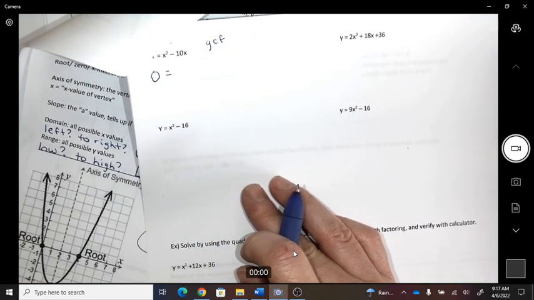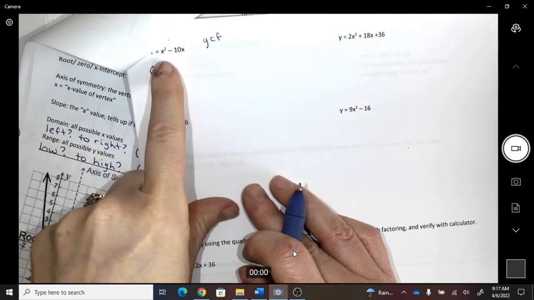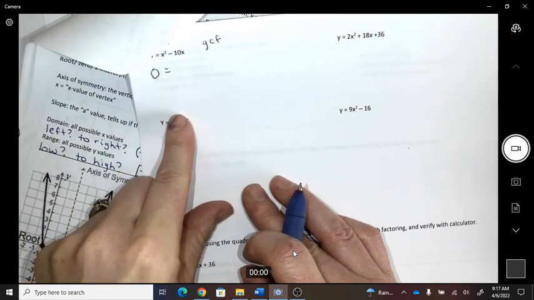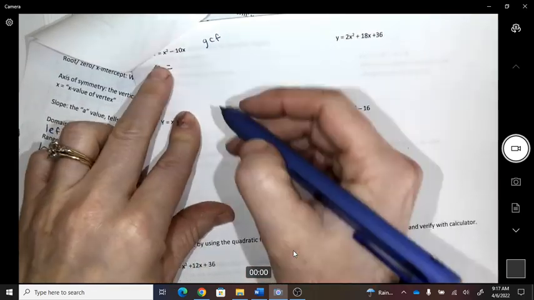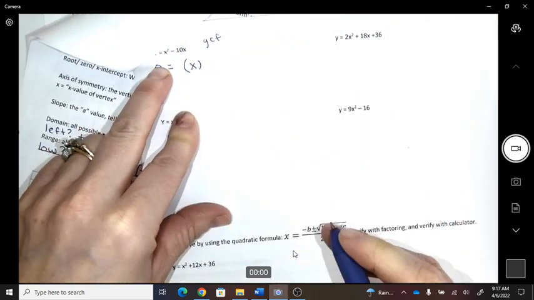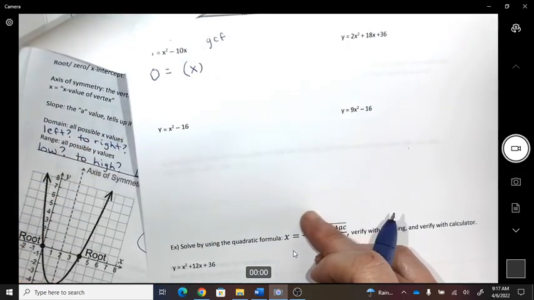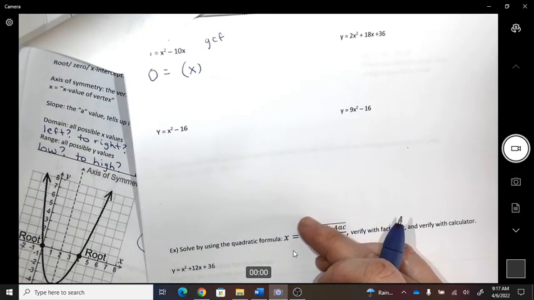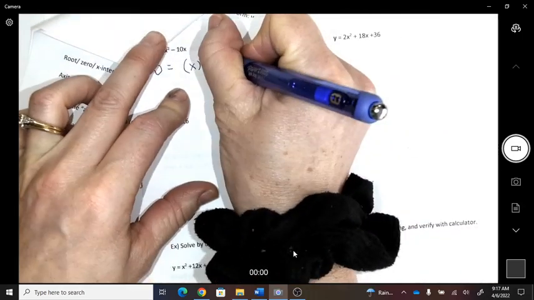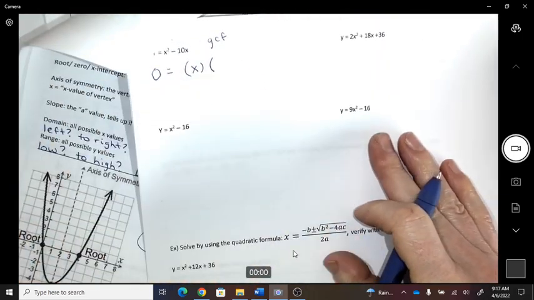What do both terms have in it? I could divide each term by a what? By an x. Each term I could divide by an x. So that's what's in common.